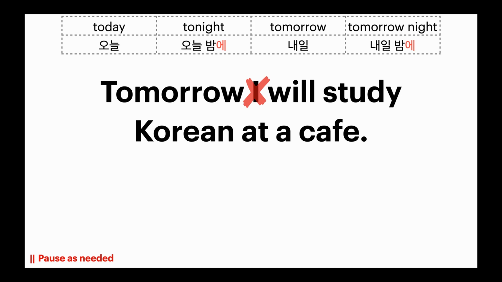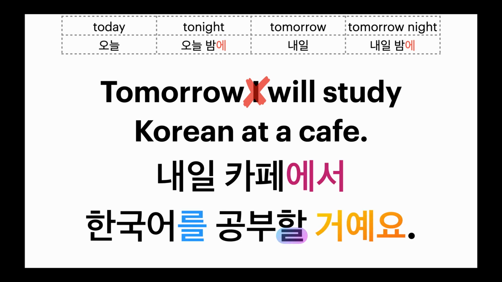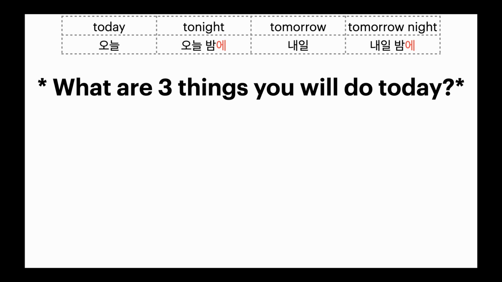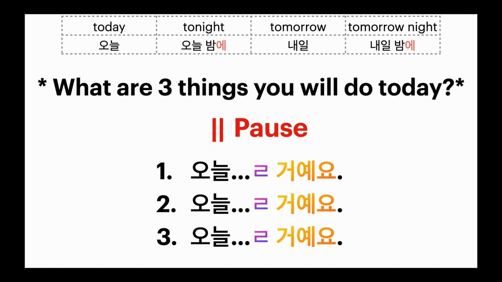Tomorrow, I will study Korean at a cafe. 내일 카페에서 한국어를 공부할 거예요. Alright, go ahead and tell me, what are 3 things that you will do today? Go ahead and pause the video and try to complete these 3 sentences here. 오늘 blah blah blah 올 거예요.